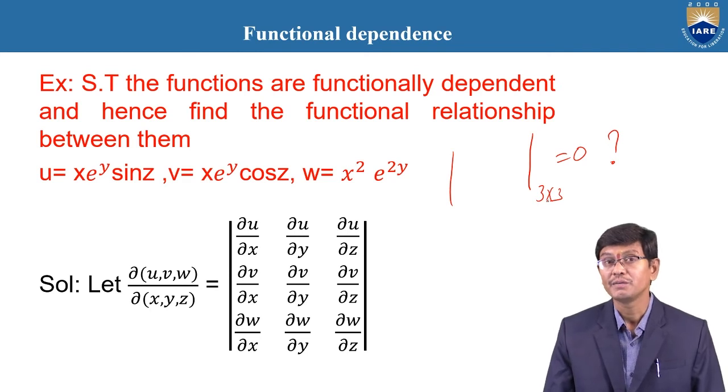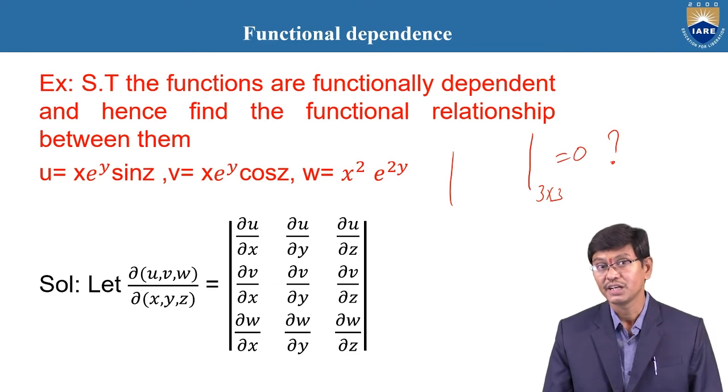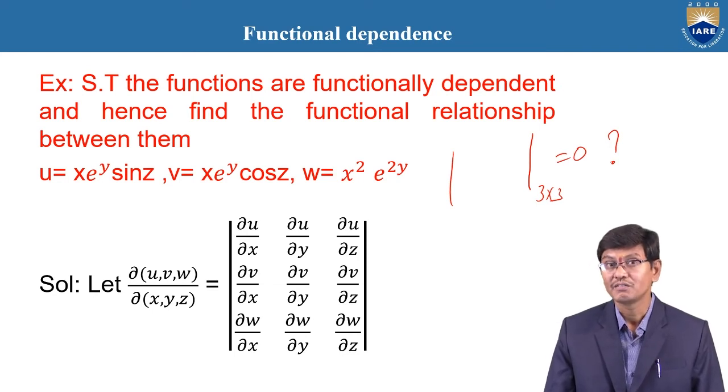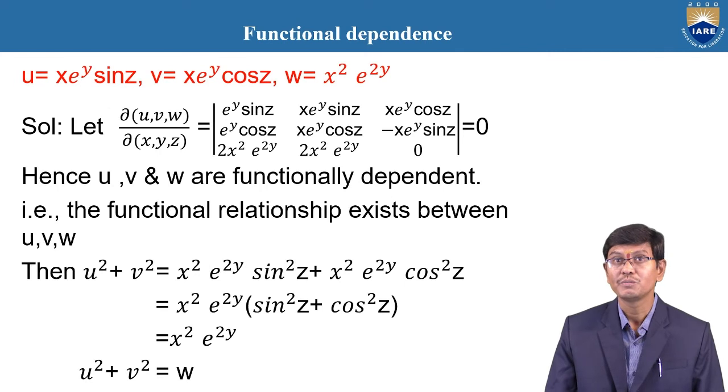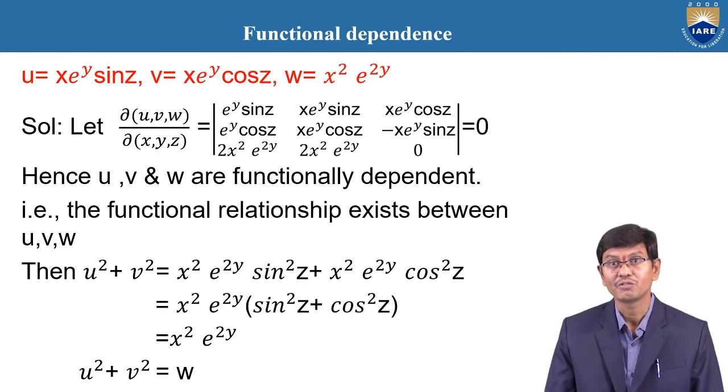Therefore, we need to find out the partial derivatives ∂/∂x, ∂/∂y, ∂/∂z for each function. With the help of the given function, taking one by one, ∂u/∂x is nothing but e power y into sin z, because we differentiate with respect to x as a partial only.